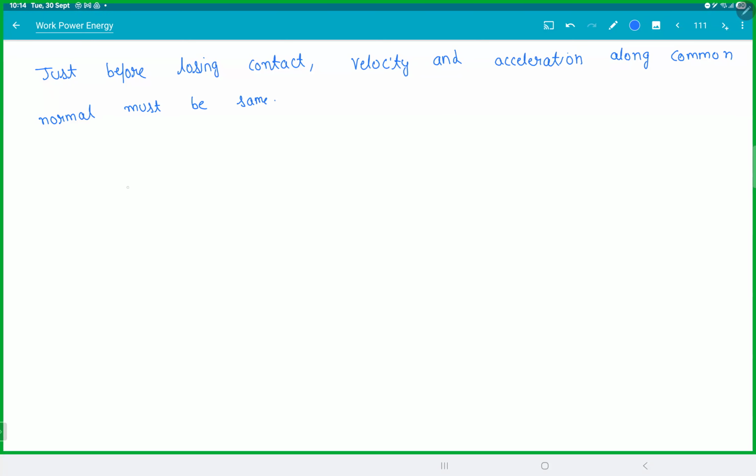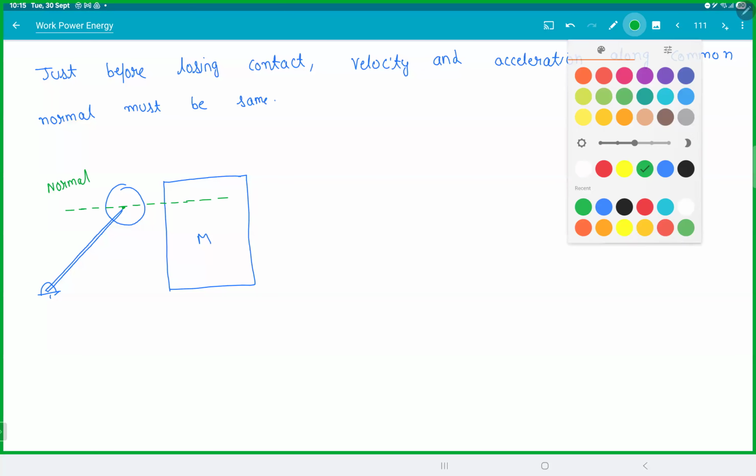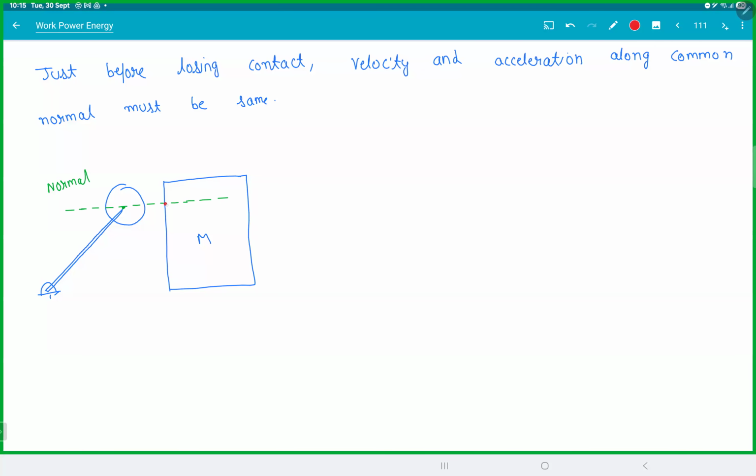That means when you take the sphere, again, I'm giving a big gap so that I can draw the picture carefully. Remember, this is your normal. So this point here is going with V2, great.